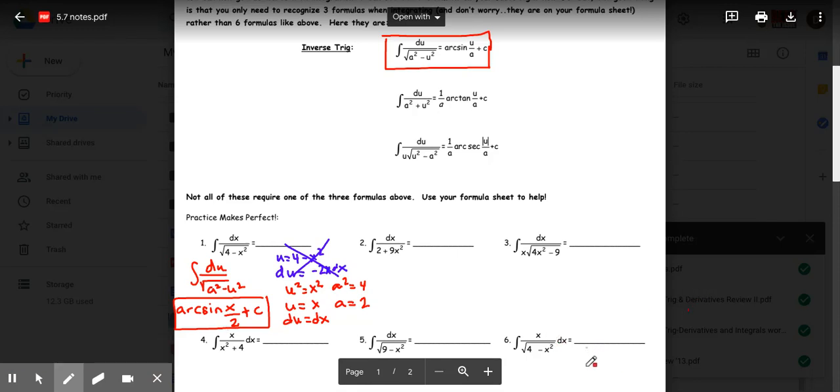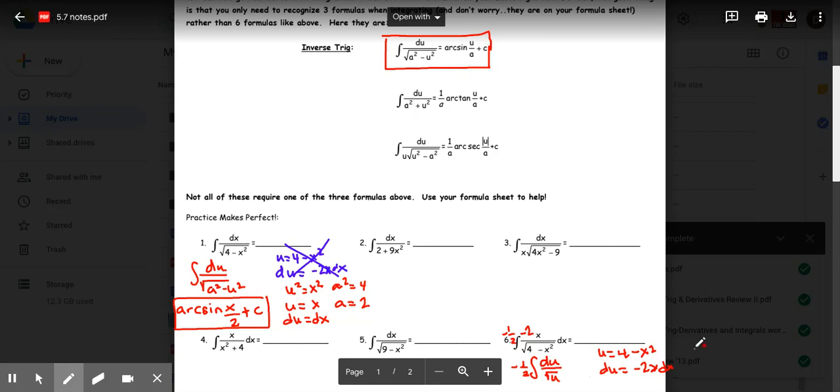Now, if we look at example 6 down here, it looks very similar to number 1 that we just did, but you can make u just the inside of the root, and that will work because the derivative is negative 2x dx, and you have an x dx in there. You just need to put a negative 2 in and multiply by negative 1/2 on the outside. So that ends up being negative 1/2 the integral of du over root u.